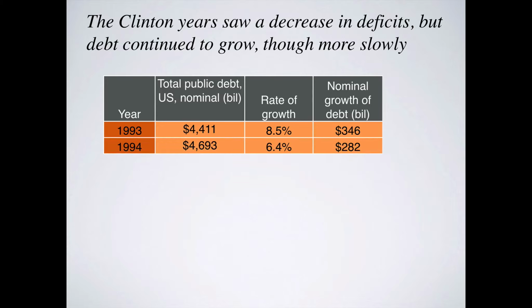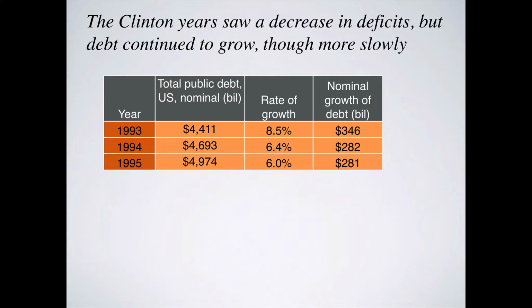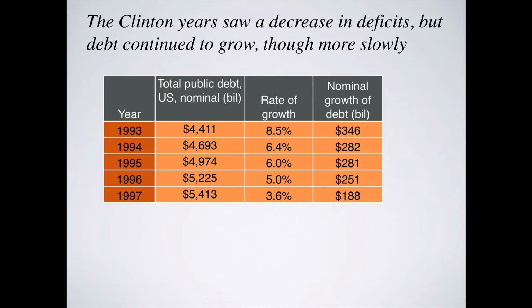Okay, so getting into the early 90s, the Clinton years, we can see the debt is growing somewhat more slowly: 8.5%, 6.4%, 6.0%, 5%, and so forth. It's growing a little bit more slowly, but it's actually still growing.